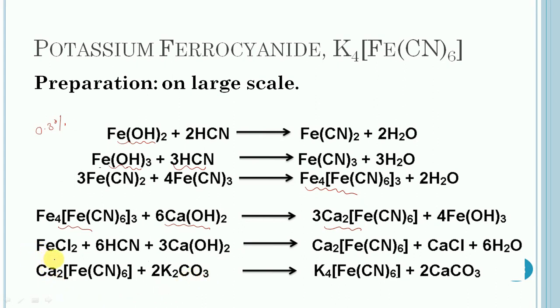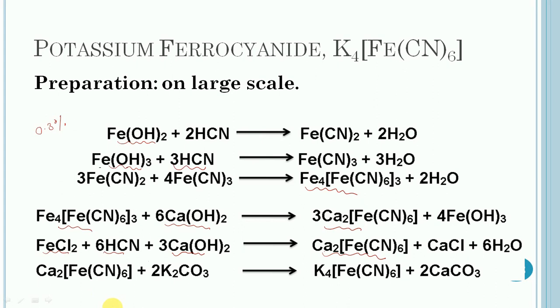Nowadays, calcium ferrocyanide is obtained by reaction with calcium hydroxide, hydrogen cyanide and iron chloride.